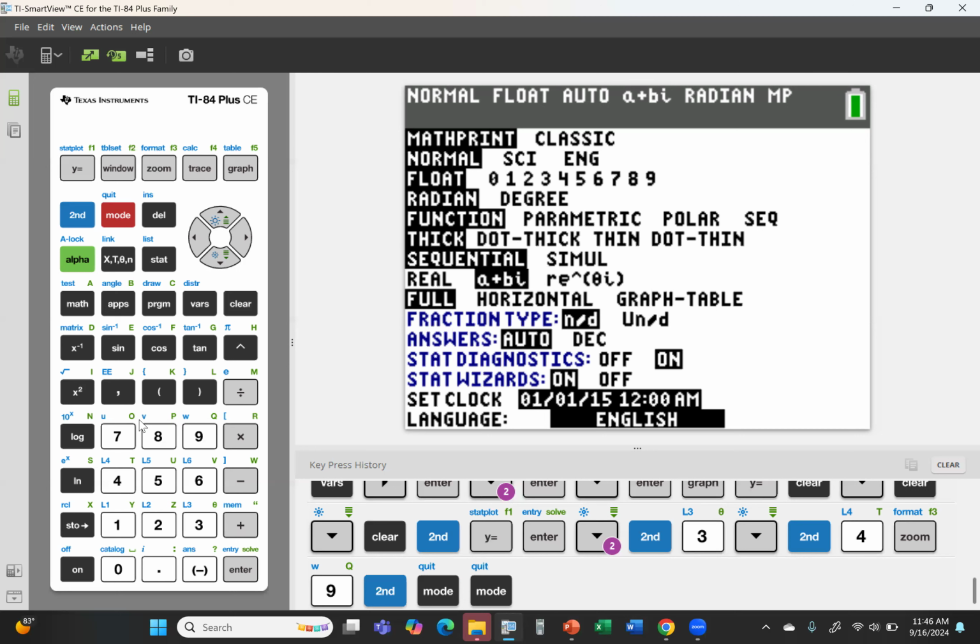But down here toward the bottom, do you see the stat diagnostics? You want to turn that on. So arrow down to highlight the stat diagnostics, and then make sure you turn it on. And that'll turn on that R and that R squared in the linear regression screen. All right, so make sure that's turned on.